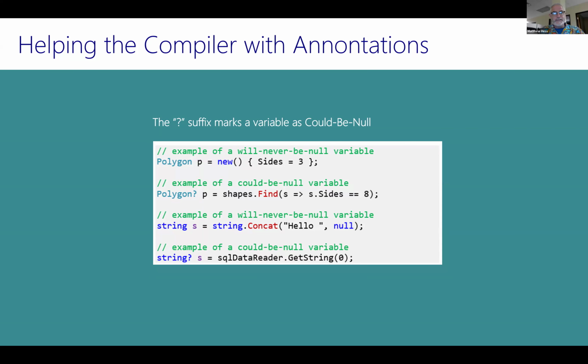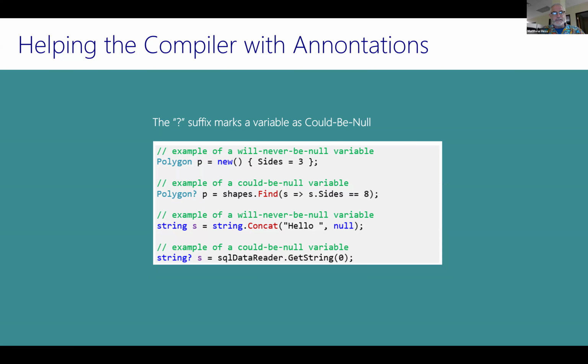So here is an example of a will-never-be-null variable. Polygon p equals new. Notice the polygon is not decorated. There's no suffix. Here's an example of a could-be-null variable.